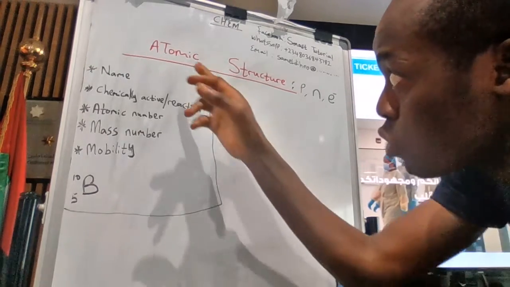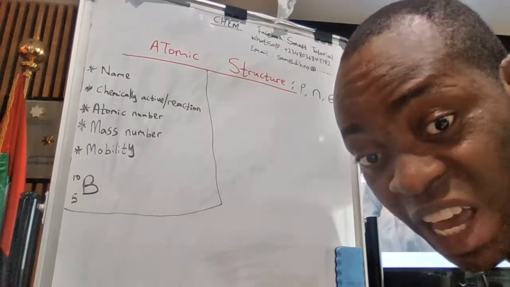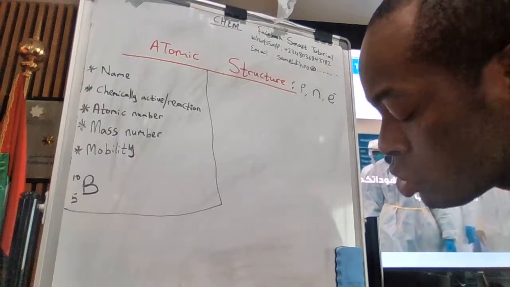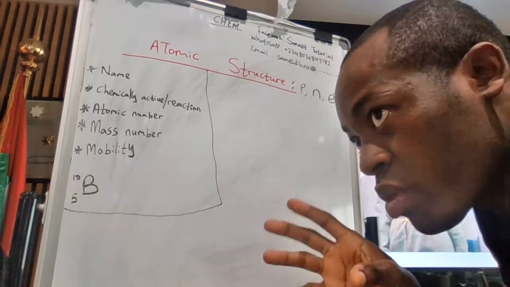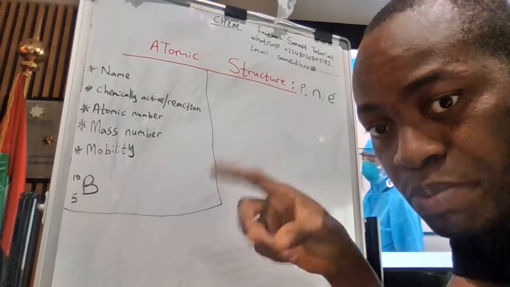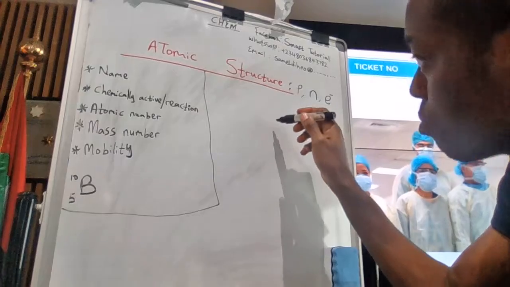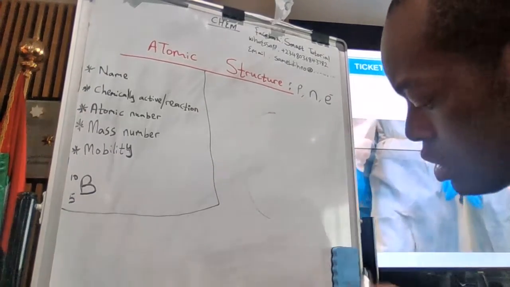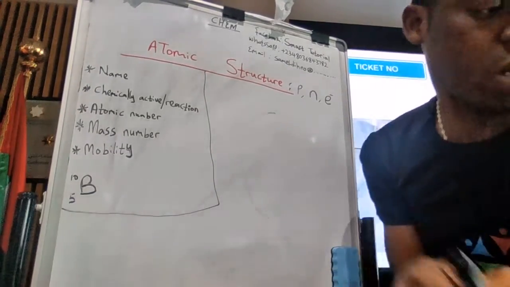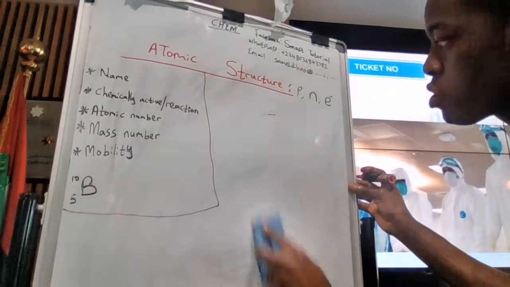Basically, when we talk about atomic structure, we are also referring to the structure of an element. Usually, a spherical shape is used to depict the structure of an element.